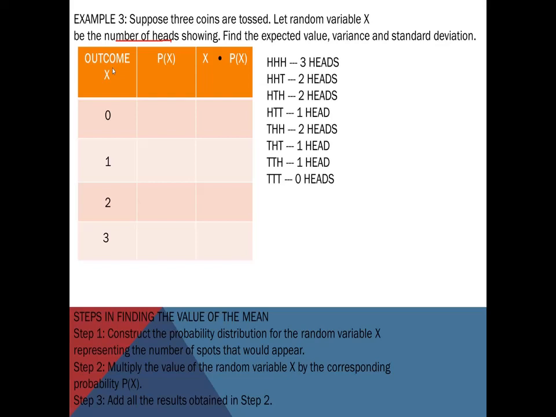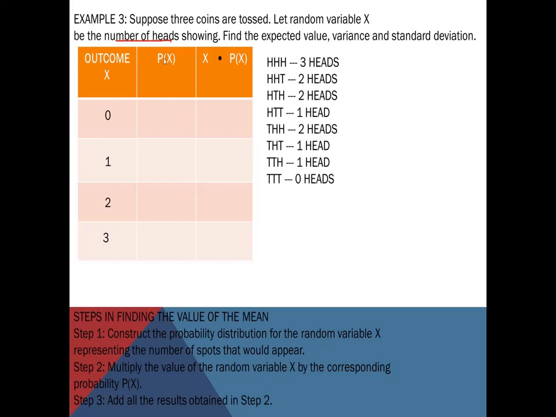Okay, so it is from 0 to 3. It cannot be 4, because there are only three coins. Right? So there is a possibility that we get three heads. It cannot be 4, 5, 6, because again, there are only three coins. Okay, these are the possible numbers of heads that can come out when we toss three coins.